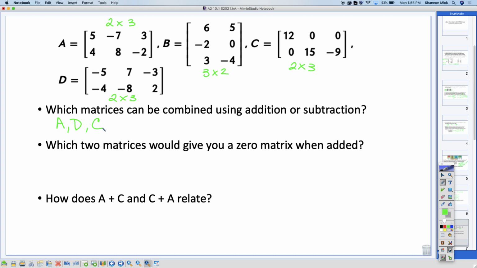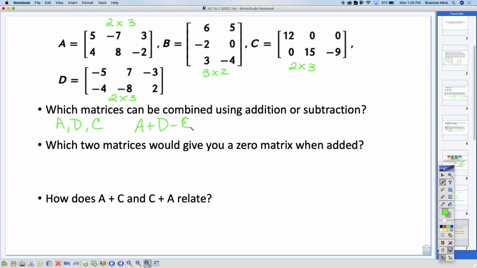I could write it just as A plus D minus C. That's all they have to put on there. These tests are nice because I just put a bunch of matrices at the top, and then I just write A minus B, or 2 times C. Can I do anything with that 3 by 2?